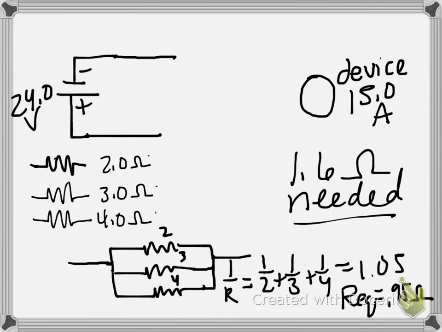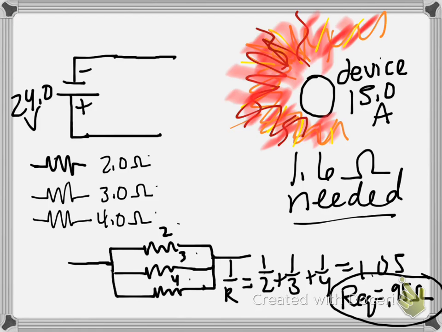What if we wired them all in parallel? The 2, the 3, and the 4 ohm resistors wired in parallel yield an equivalent resistance of 1 over 2 plus 1 over 3 plus 1 over 4, or 1.05. When we take the reciprocal of 1.05, we get an equivalent resistance of 0.95 ohms. That's way too low. It'll deliver too much amperage to our device, and nothing good comes of that.